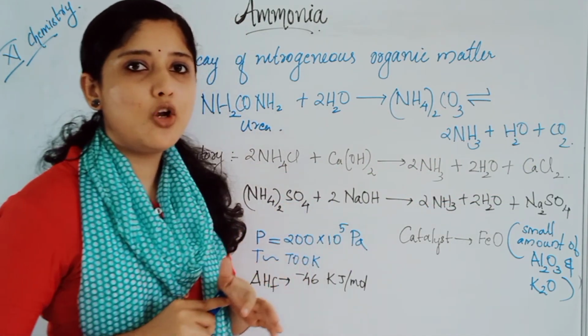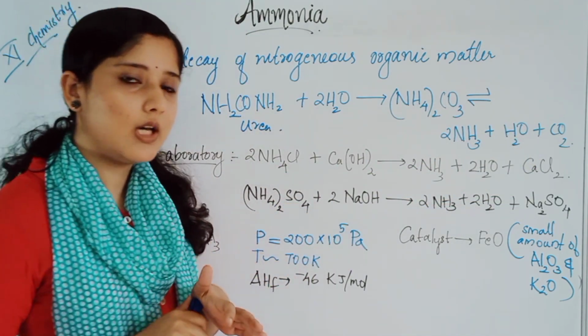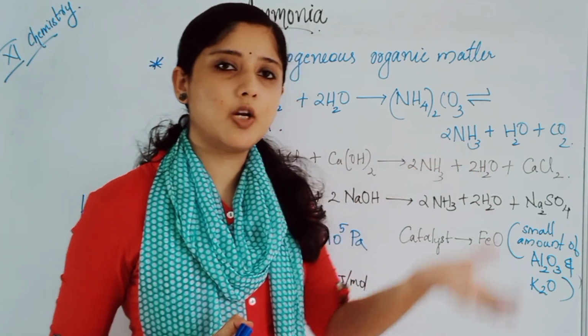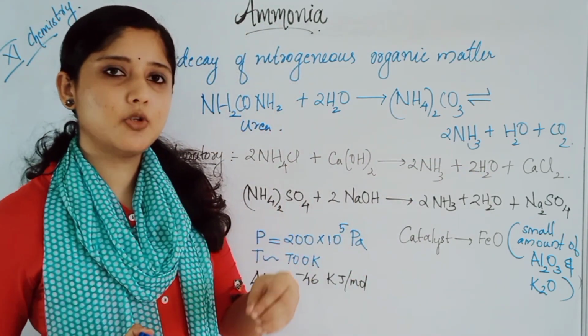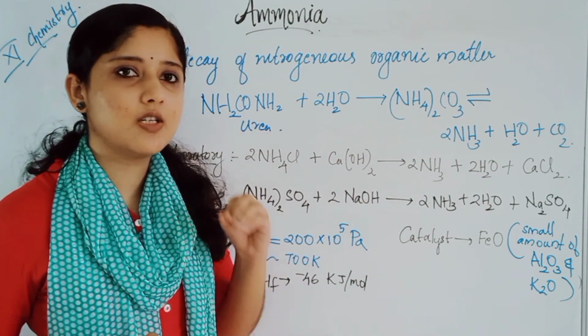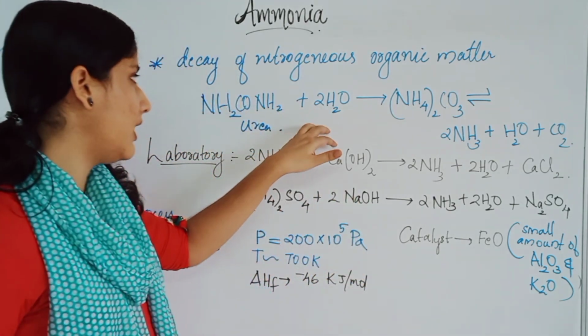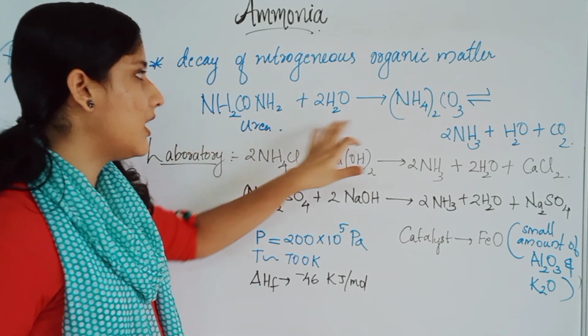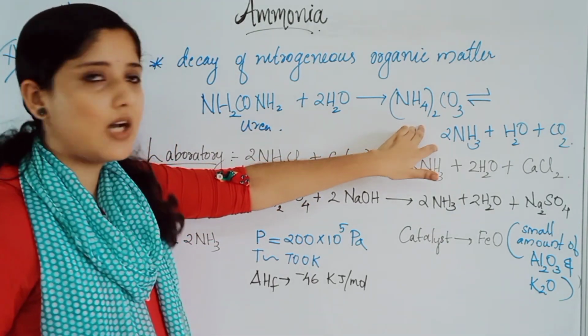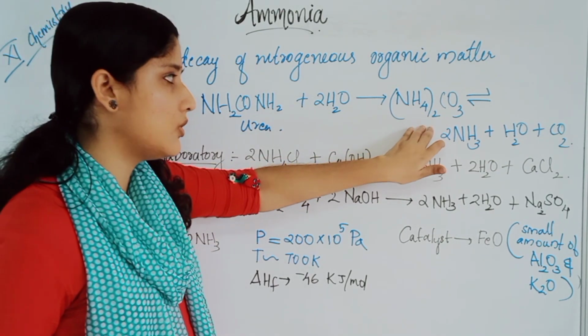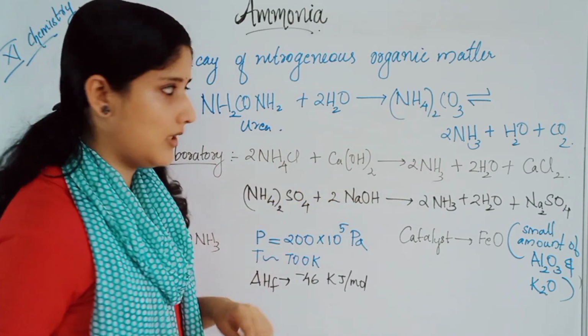This is the normal or natural method of preparation of ammonia. By the decay of nitrogenous matter, ammonia will be produced. No energy is required here. Urea, when it decomposes, you will get ammonium carbonate, and on further decomposition, ammonia will be obtained.